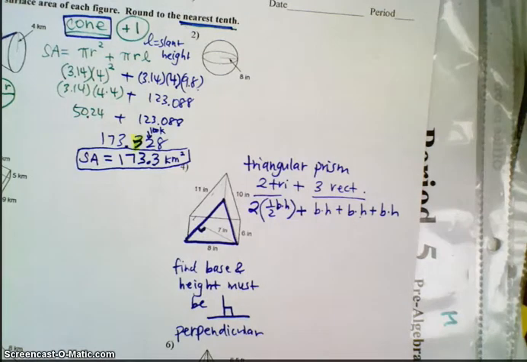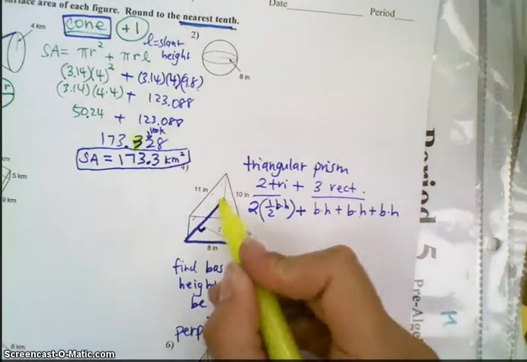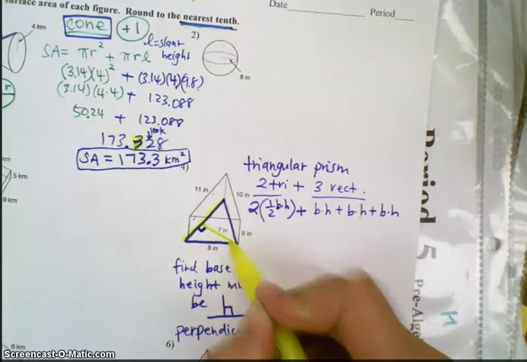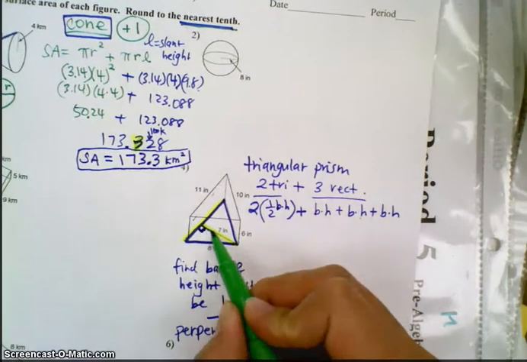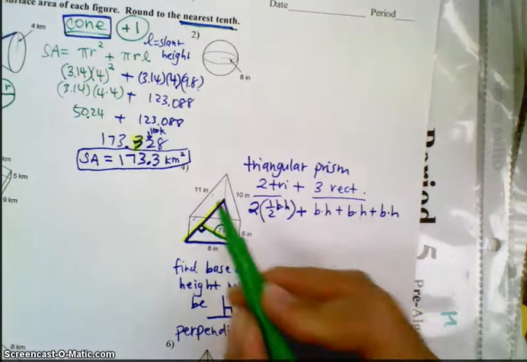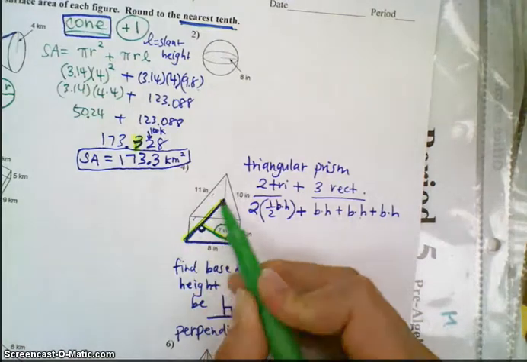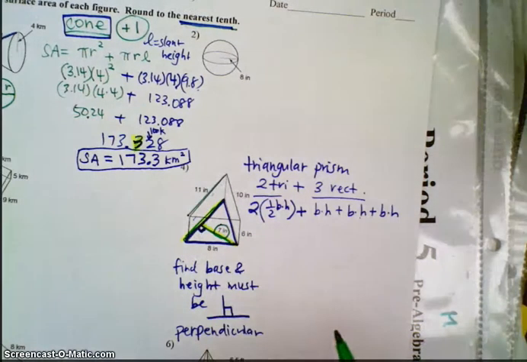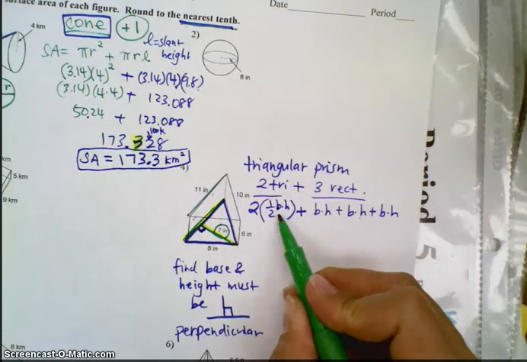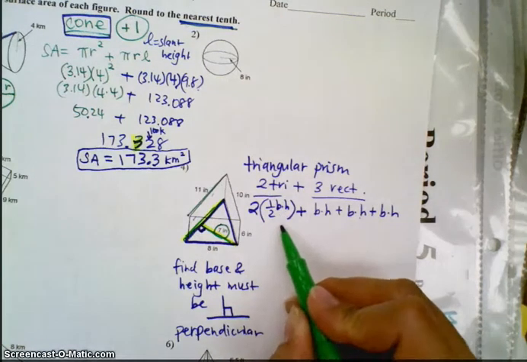And that is going to be these two lines, here and here. Those two measurements: this measurement is the 7 inches, and this measurement is the same as the measurement here, which is indicated by 11 inches. So my triangle has a base and height of 7 and 11.